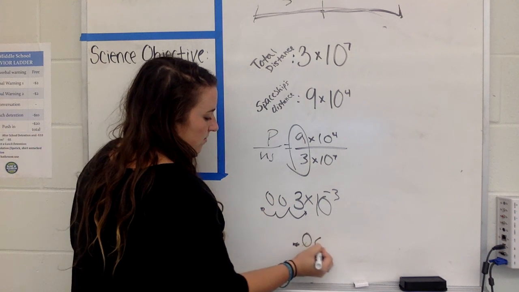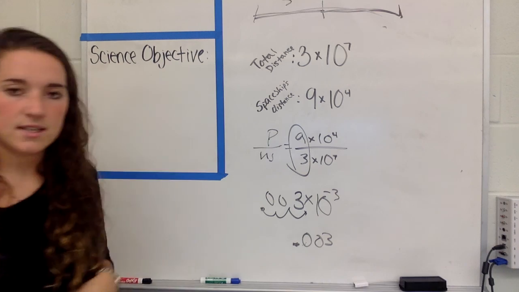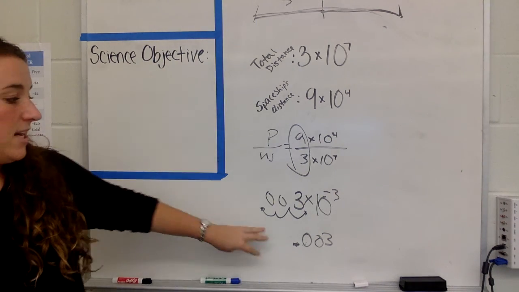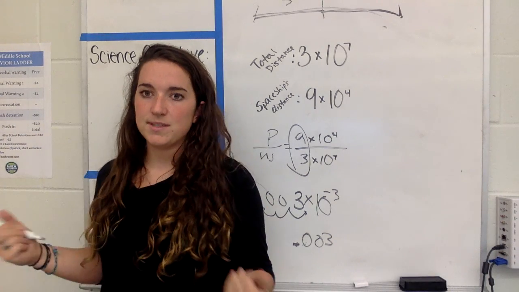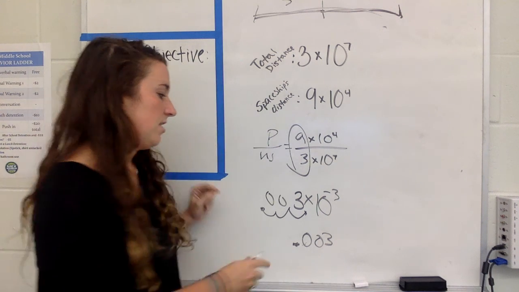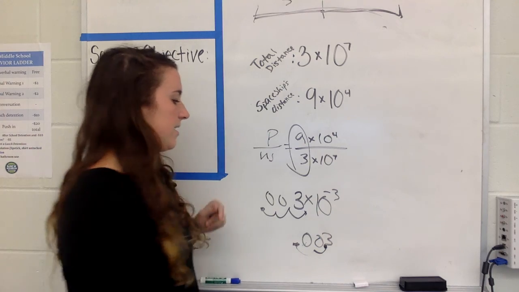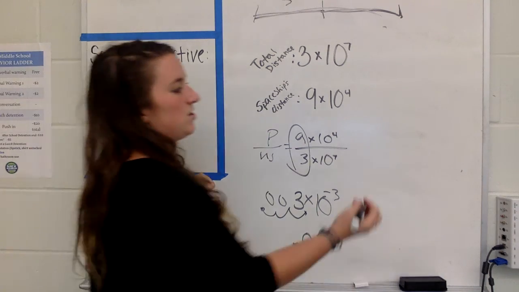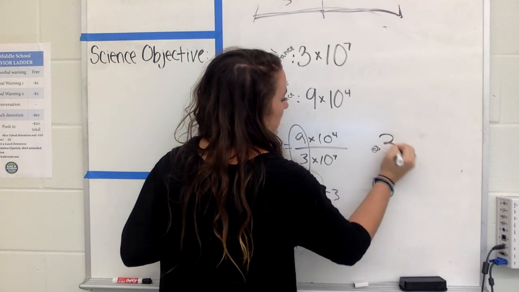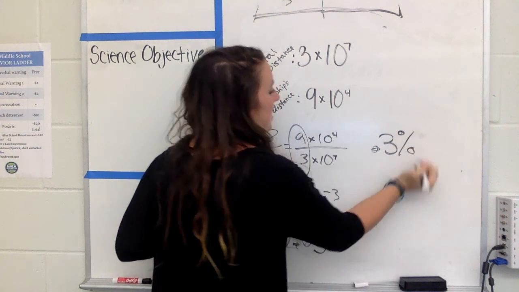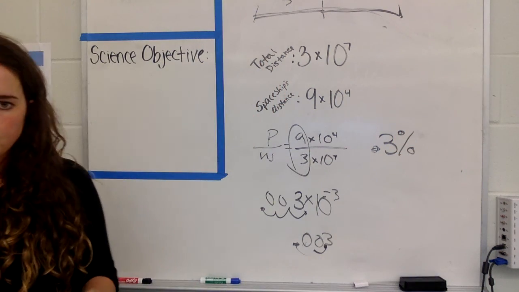I have 3 thousandths. But now I need to turn this into a percent. I turn it into a percent by multiplying by 100. Every time I multiply by 10, I move the decimal once, twice. So my final answer, just like the last one, is going to be 3/10%.